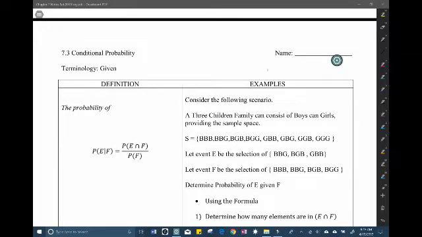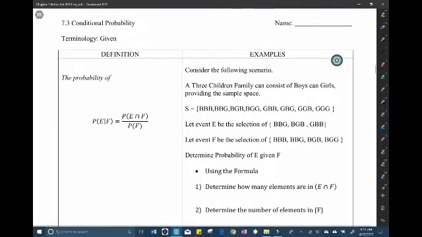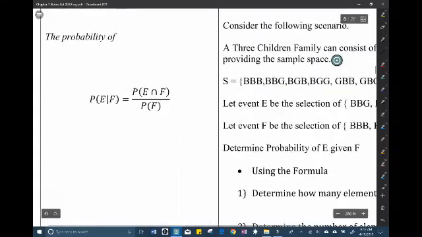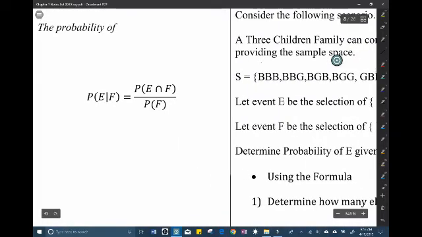This is conditional probability. It's a lot of probability stuff, only now we have this cool new formula. Here's the new formula. What it states is the probability of event E given, this little thing means given, which is our condition, given the condition of event F. It's similar to probability from before.